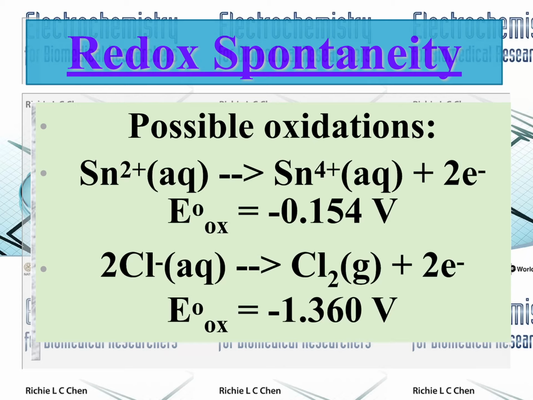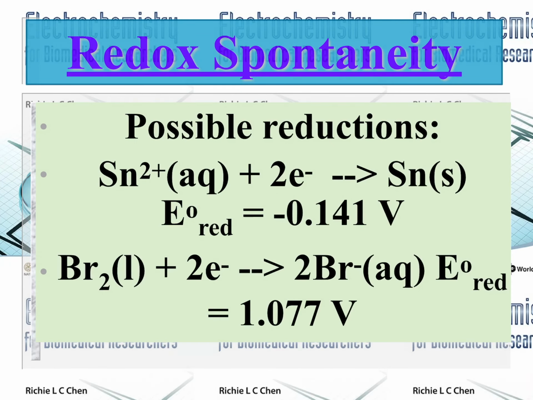All right, so let's see how they worked it out. Again, their reduction potentials are a little different because this slideshow was originally made in 2002. So the values are slightly different. But again, they look at the oxidations. Tin does not want to become tin 4+, but we're going to make it become tin 4+. Chloride does not have a tendency to naturally want to become chlorine, but it is possible. And for the reduction potentials, again, tin 2+ doesn't want to become tin metal.